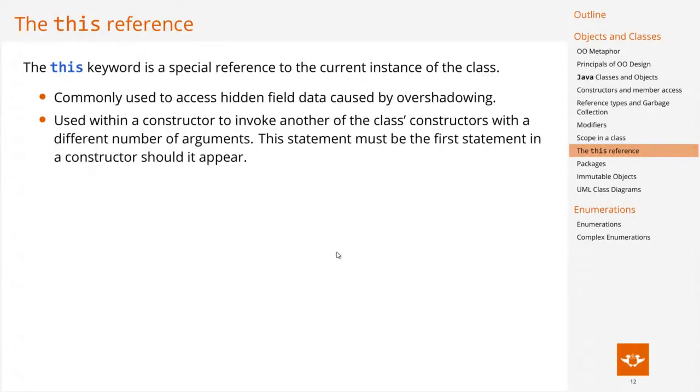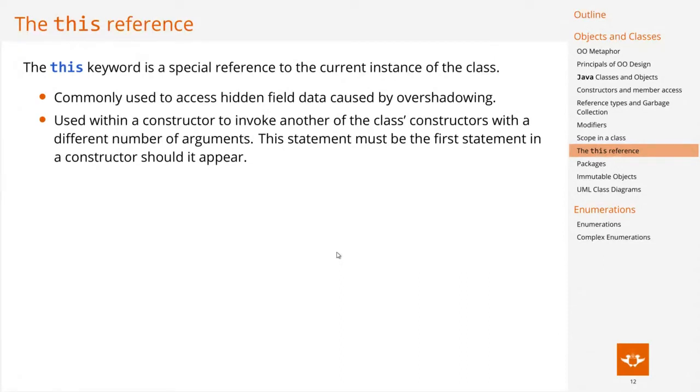This keyword you have seen before as well in C++. And this keyword is used to access the current instance. So when you want to access things inside the current instance, you can use this keyword. So that problem of overshadowing can be overcome by using this keyword, and we'll see that in the tutorial tomorrow.